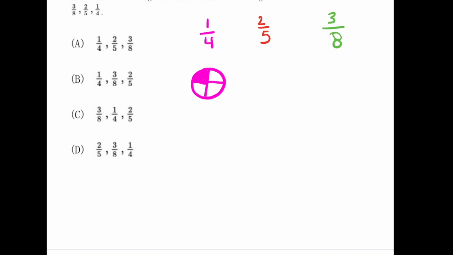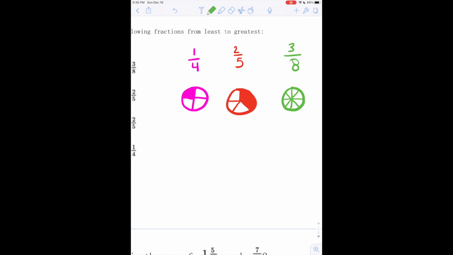When we look at 2/5, we can then draw a circle, divide it into 5 equal parts, and then we can shade 2 of them. And then we can do the same thing for 3/8. So now we can sort of see what is the largest and the smallest.